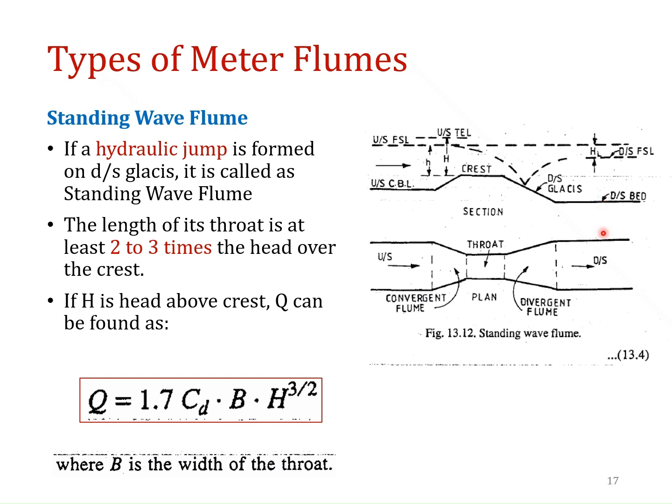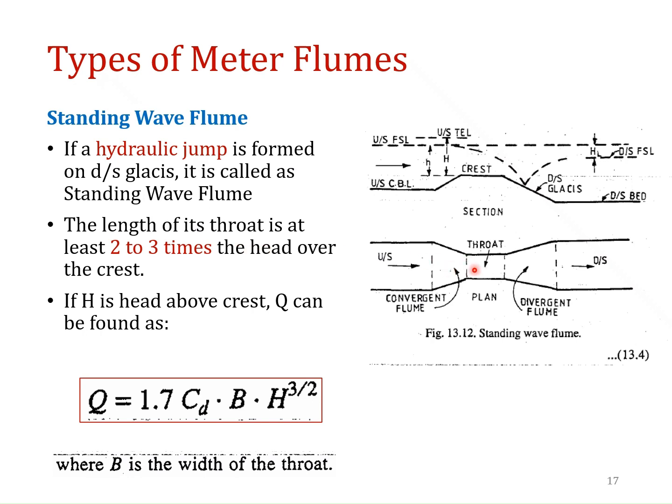And in the plan: upstream, convergence, throat, divergence, and then restoring the cross section. So if a hydraulic jump is formed on the downstream glacis right here, it is called a standing wave flume.